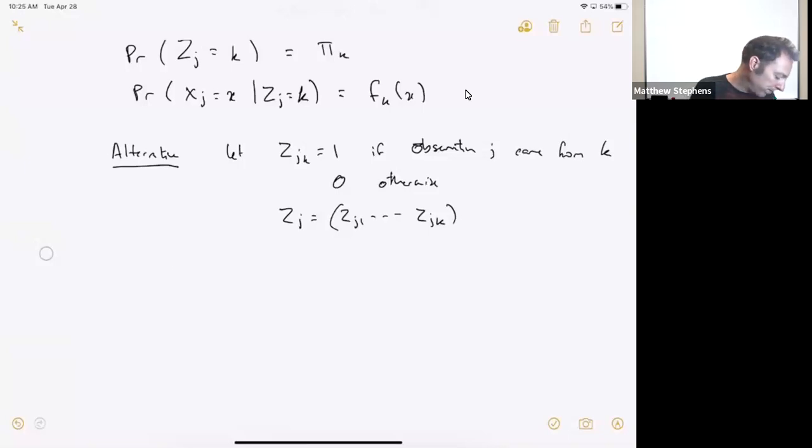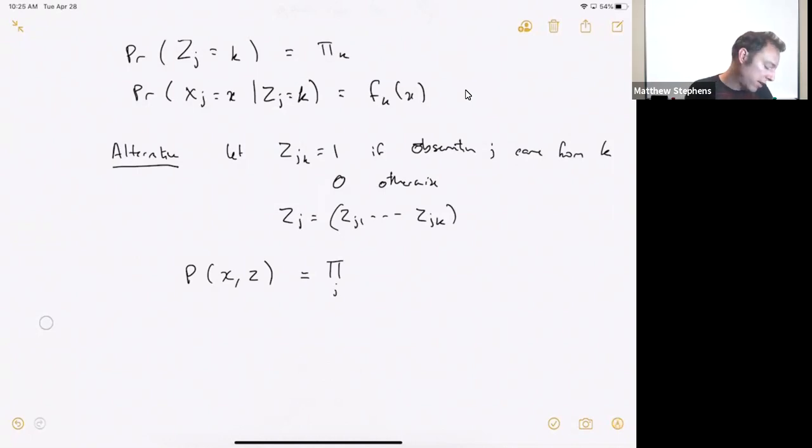So for example, if we write it this way, then the probability of X given Z, for brevity, I'm going to assume that the observations are IID from the mixture.